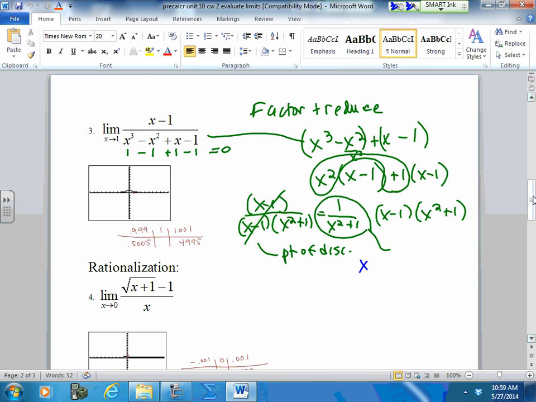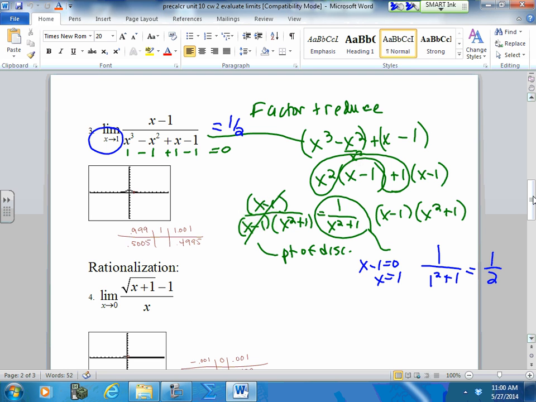Now I can say when x minus 1, so x is 1, there's my limit. When x is 1, plug it into this. 1 squared plus 1. Now I've eliminated my problem that I couldn't do before. So 1 half. 1 plus 1, 2. So my limit of this guy is at 1 half, or 0.5.